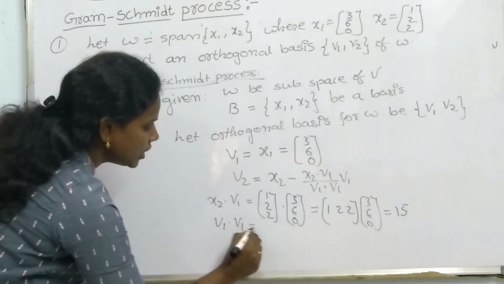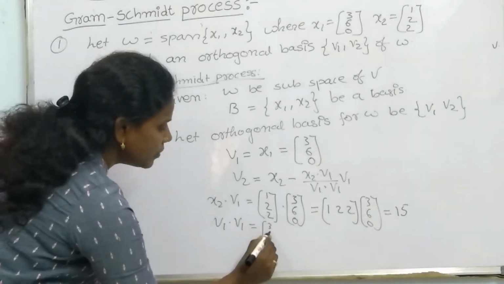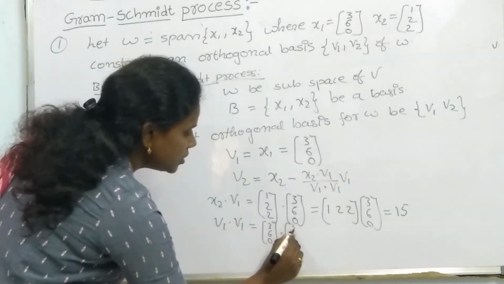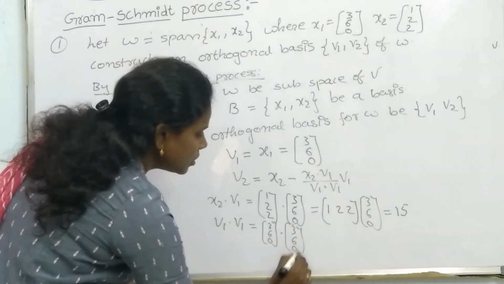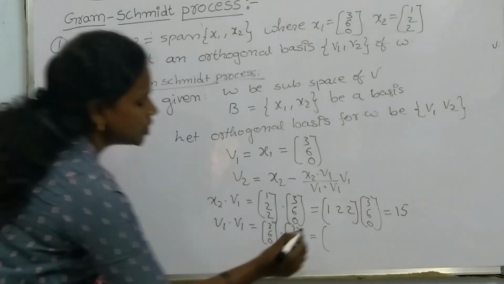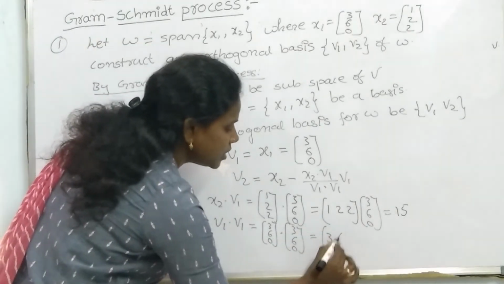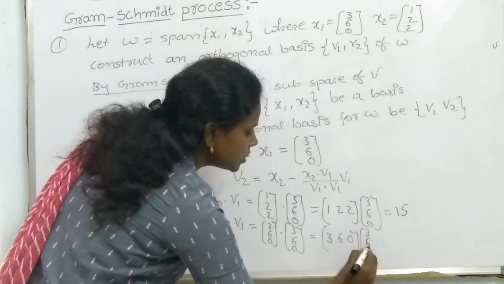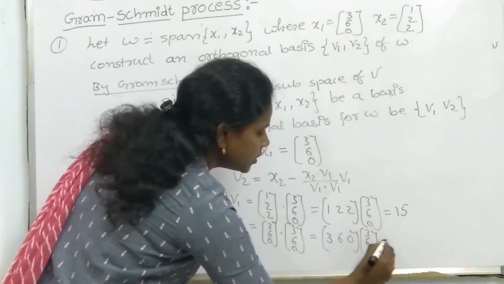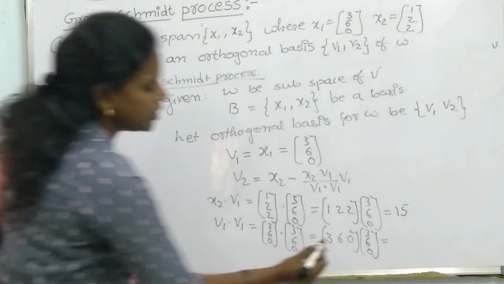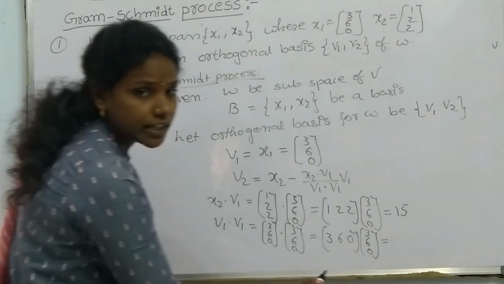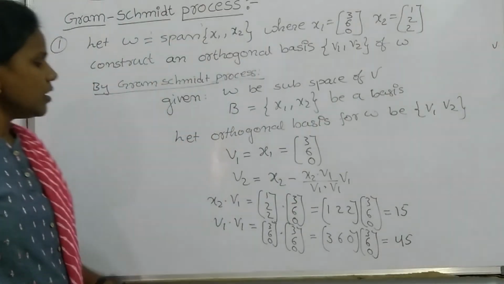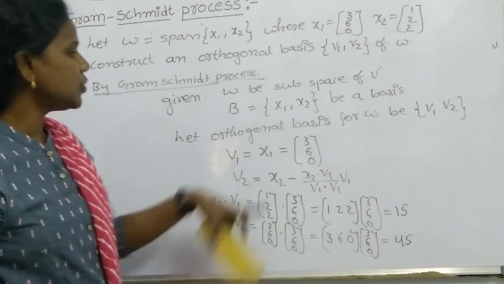We know V1 is (3, 6, 0). Transpose the first column matrix (3, 6, 0) into (3, 6, 0): 3 threes are 9 plus 6 sixes are 36 plus 0. So it is 45. Now we have all the values, so substitute in V2.